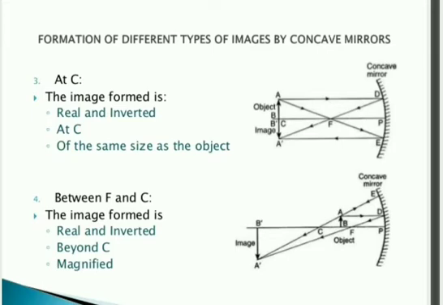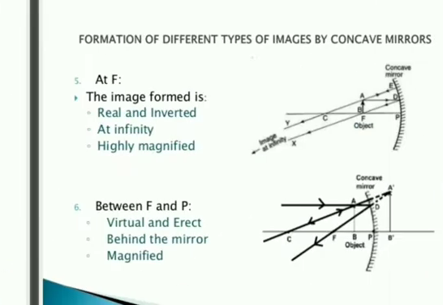C is the only point where we are getting the same size of image as the size of object is. Okay. Then between F and C, if we keep the object, then the nature will be real and inverted beyond C, and it will be magnified.